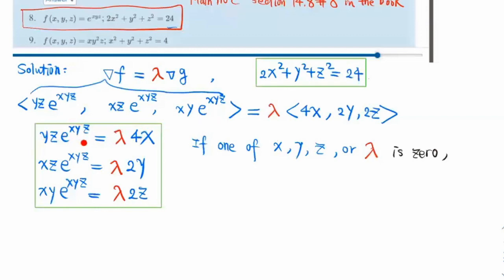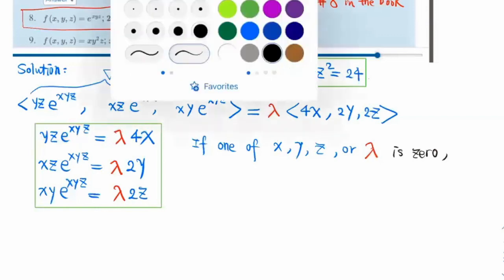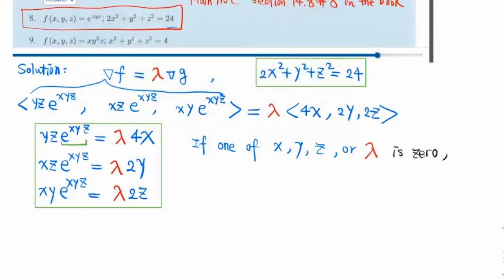But e to this is never 0 because the base is e. So suppose x equals 0. Then y times z equals 0, which means either y equals 0 or z equals 0.